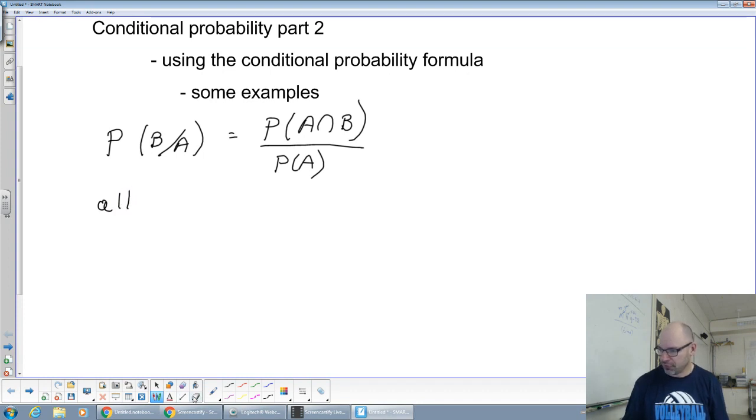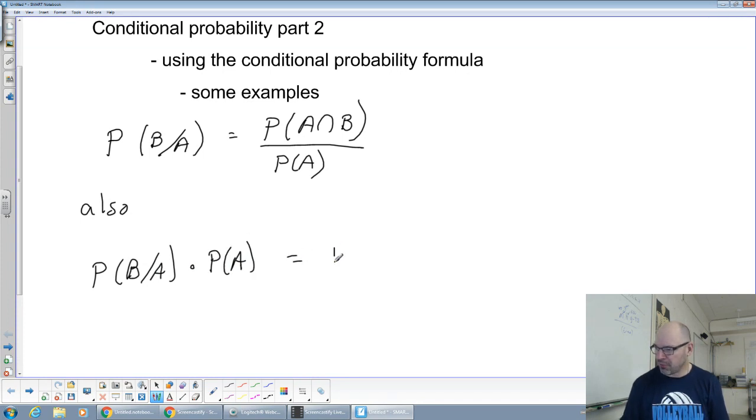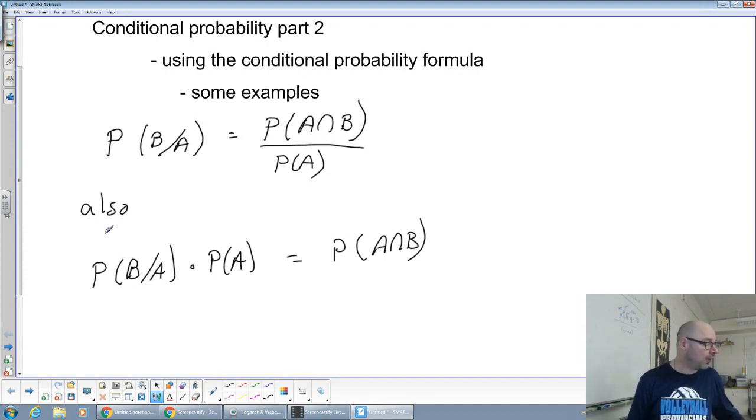If we want this to be multiplied out here, we can say the probability of B given A times the probability of A equals the probability of A and B. So we can have it rewritten in a single line as well.